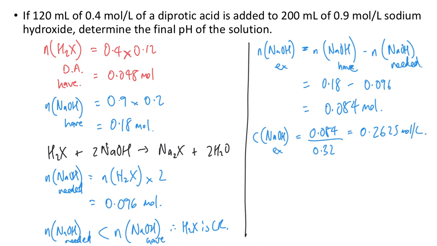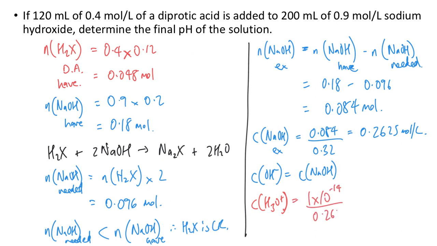Once you've got that concentration, you have to convert it into hydroxide ions. Then you can work out the concentration of hydronium ions: 1 times 10 to the negative 14 over the 0.2625, which happens to be 3.8 times 10 to the negative 14.